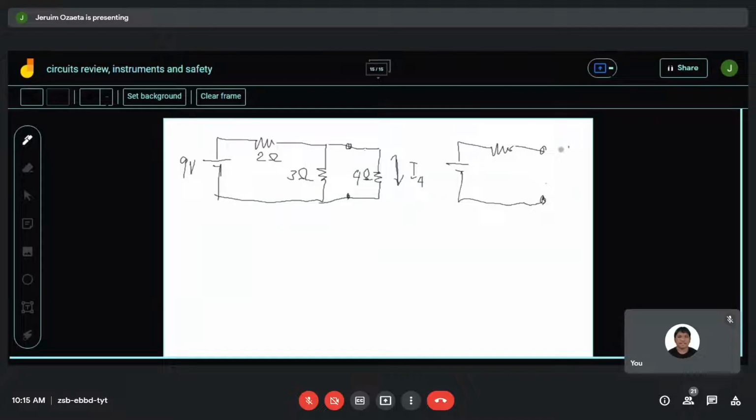So when we draw the equivalent circuit, the 4 ohms is isolated.